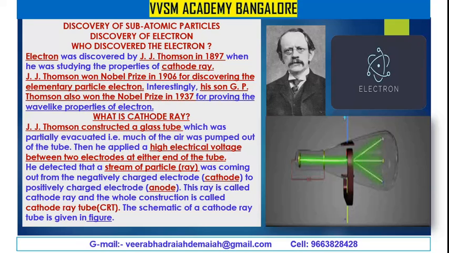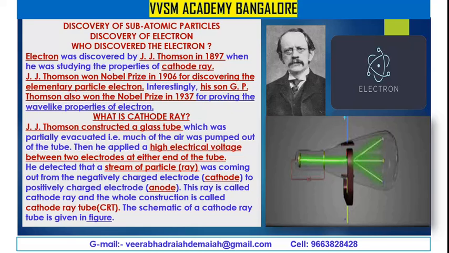Now, what is a cathode ray? Sir J.J. Thomson constructed a glass tube which was partially evacuated. That is, much of the air was pumped out of the tube. Then he applied a high electrical voltage between two electrodes at either end of the tube. He detected that a stream of particle rays was coming out from the negatively charged electrode, that is the cathode, to the anode, the positively charged electrode.